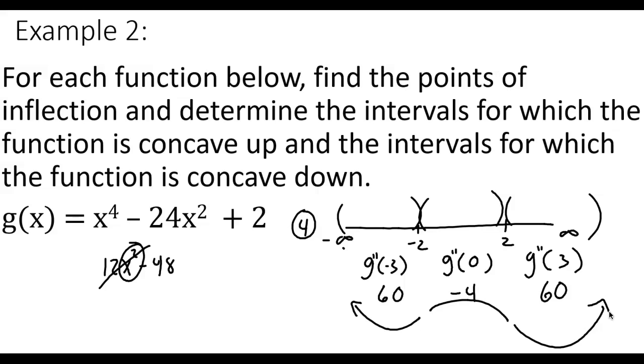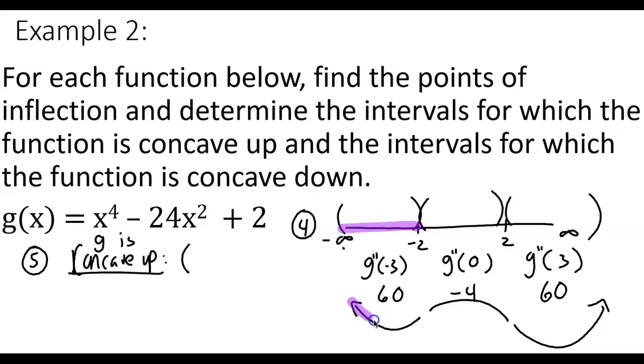Okay. So now we're ready to answer the question. Where is this concave up at? g is concave up on the interval of negative infinity to negative 2, and also from 2 to infinity.